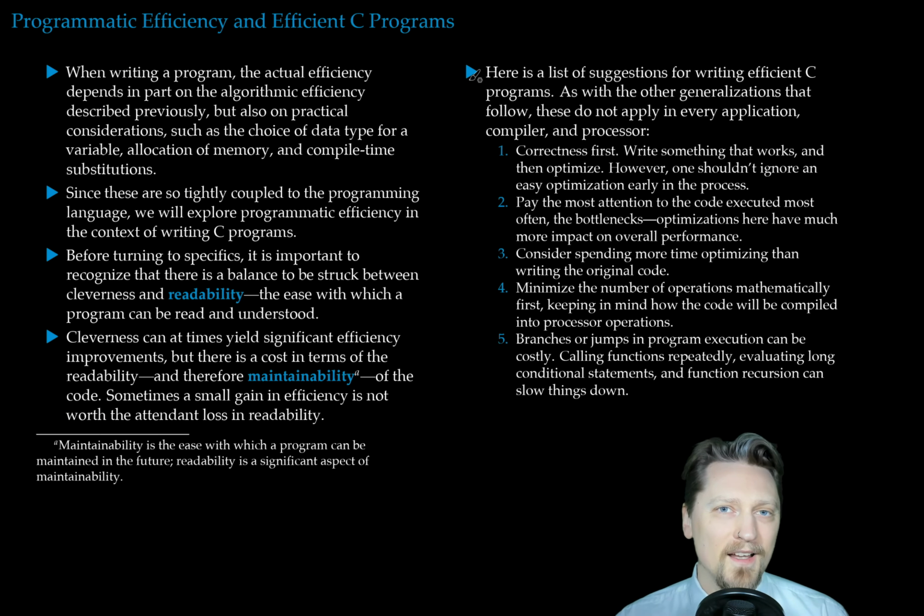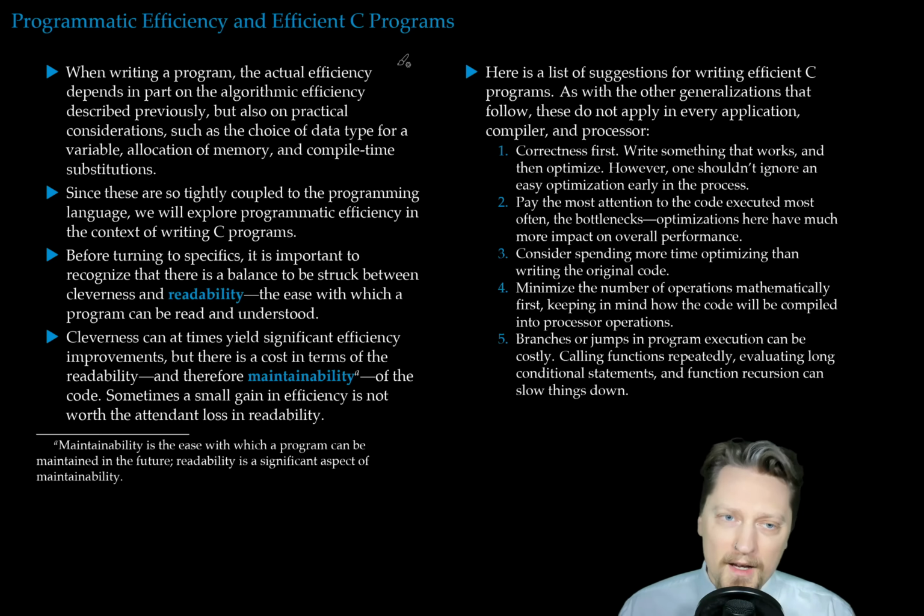Programmatic Efficiency and Efficient C Programs. When writing a program, the actual efficiency depends in part on the algorithmic efficiency described in the previous section, but also on practical considerations such as the choice of data type for a variable, allocation of memory, and compile time substitutions.